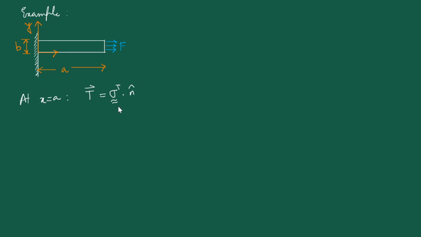Now this comes out as Tx is equal to sigma xx nx plus sigma xy ny, and Ty is equal to sigma xy nx plus sigma yy ny. I am not going to go into the detailed discussion of how we go from here to here. Based on our previous discussions, you should be able to figure this out very quickly.